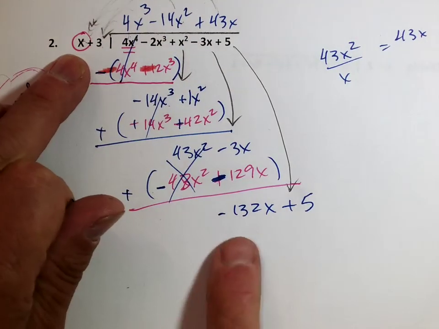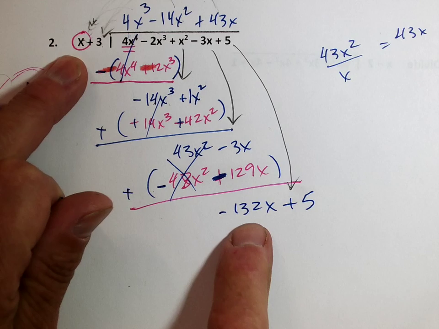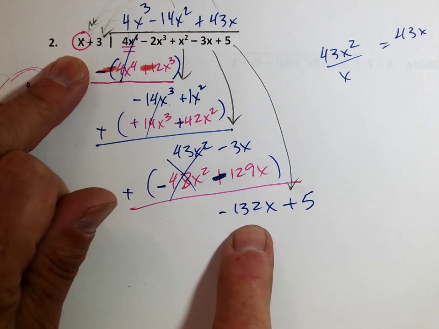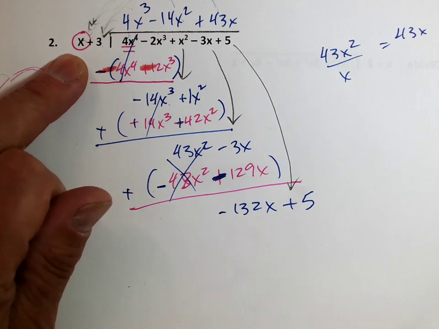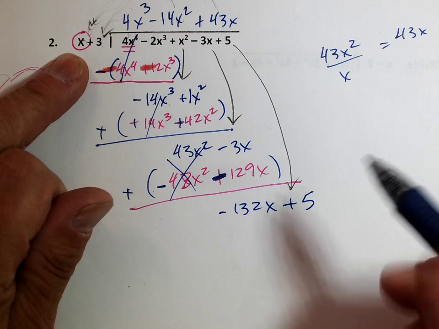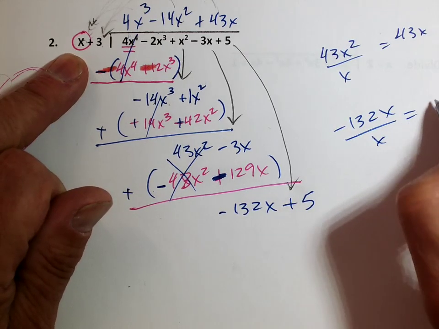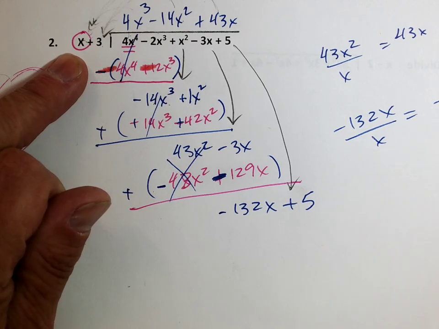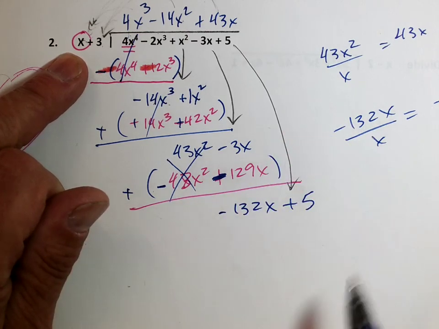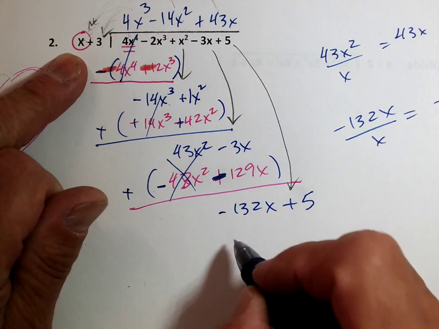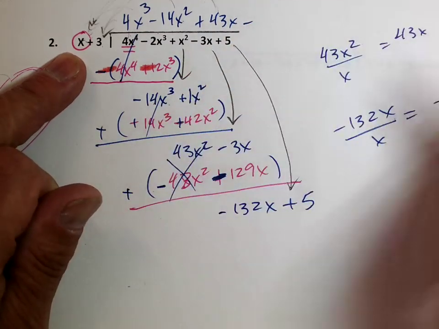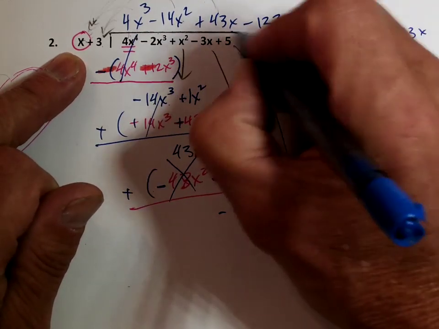So x goes into negative 132x how many times? If you need to do some work on the side, take your negative 132x divided by x, it should just be negative 132, right? So this should be a negative 132. Okay, we're getting there.